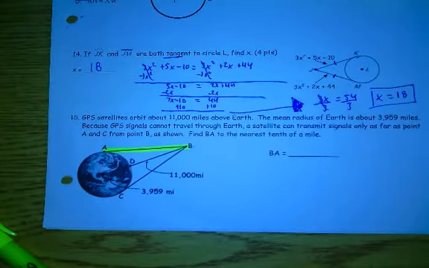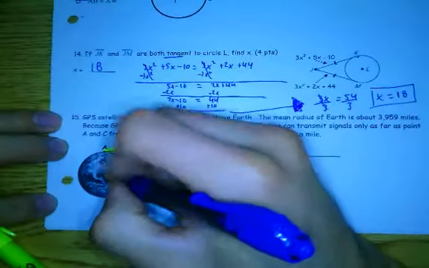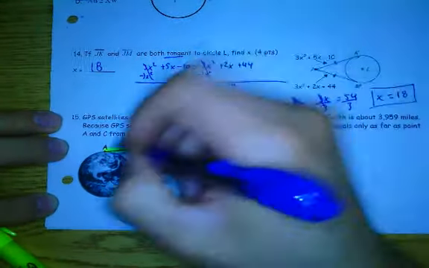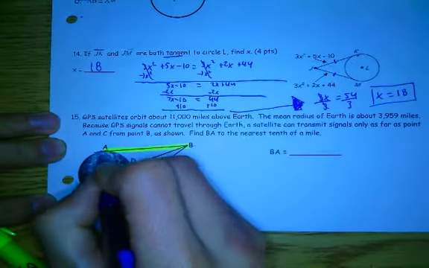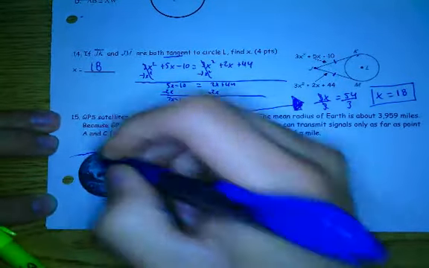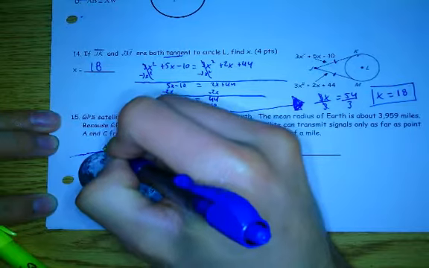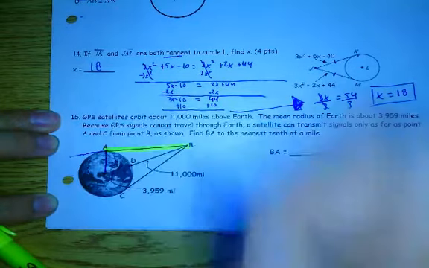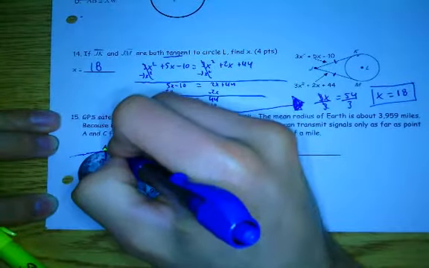Well, how is that going to help us? Well, we're looking for this, so I'm going to call it x. We know that the distance from here to here is 1,100, and we know that the radius of the Earth is about that much. Well, didn't I just draw a radius here? So doesn't that mean that this is also 3,959? Do you see how I have a right angle?